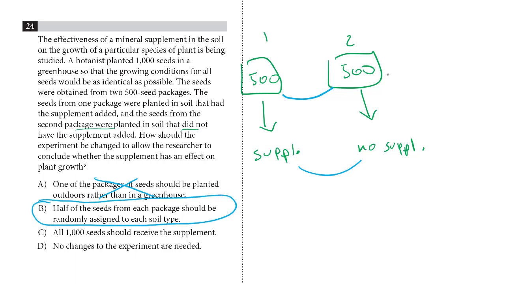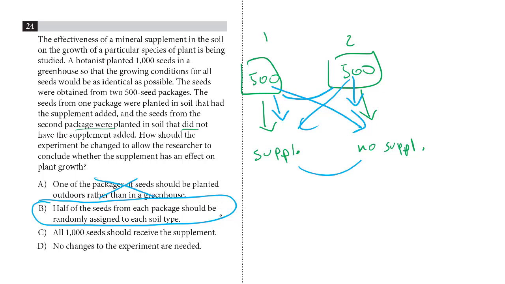To correct our bias for package 1 versus package 2, I could take half of 500, put them there, half of 500, put them there. The other package, I could put half in the supplement and half not in the supplement. Then I'd have an even mixture between the packages and hopefully no bias from the packages, and be focused only on the supplement versus no supplement growth.